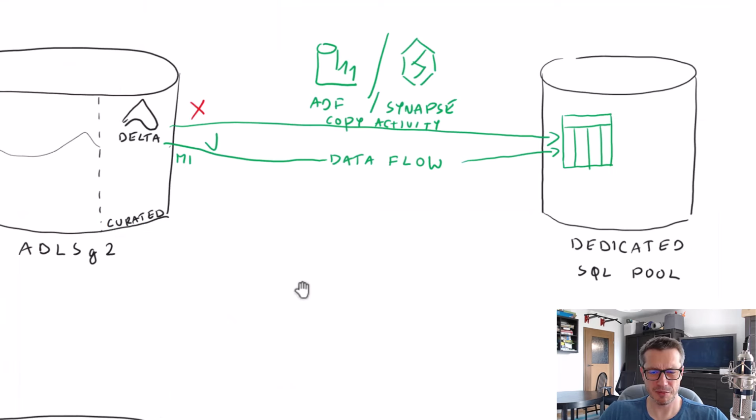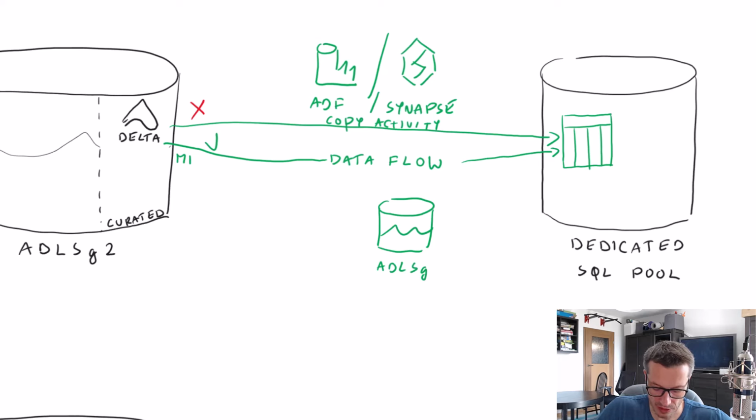And what this staging actually means is that we'll define in a second this staging location. In our case, it will be our data lake. And what will happen is that data will first be dumped to this data lake, and then from it will be loaded to the dedicated SQL pool in a very efficient way.